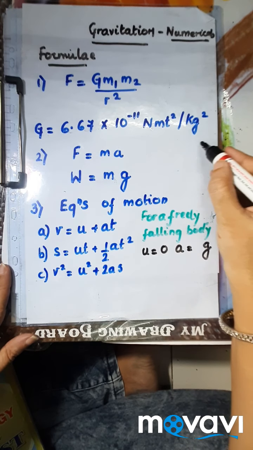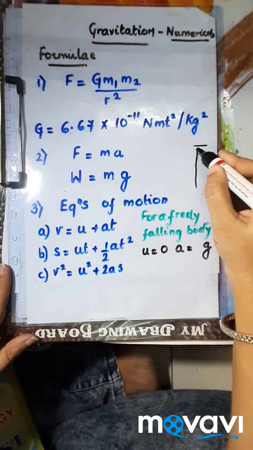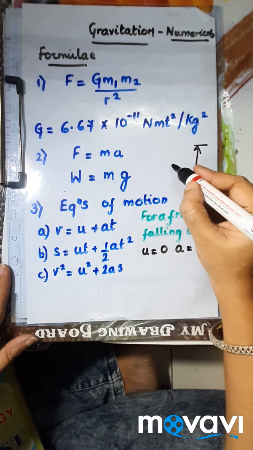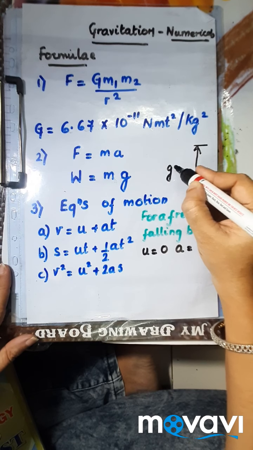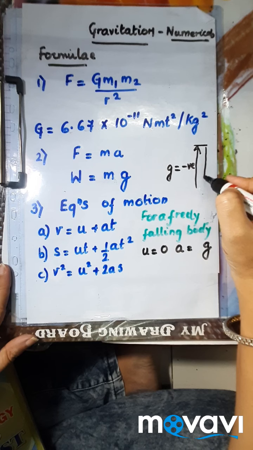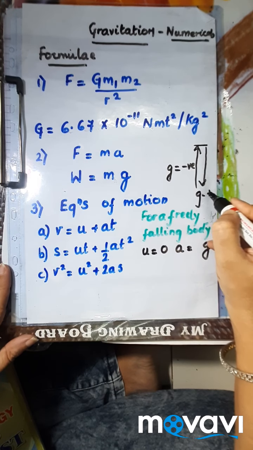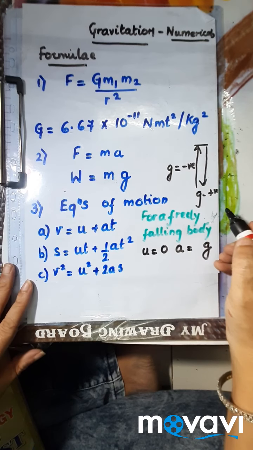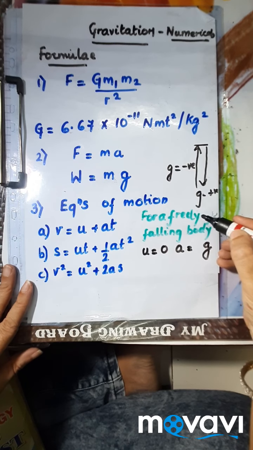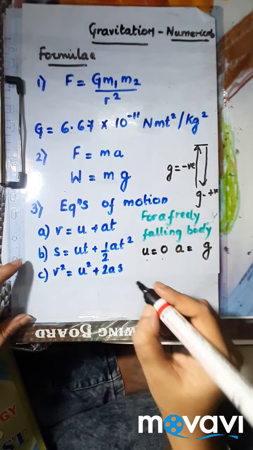Now please understand, if my body is going upwards, my G is negative. If it is coming downwards, my G is positive. So for a freely falling body, when a body is falling from top to down, U is 0. That is the initial velocity.